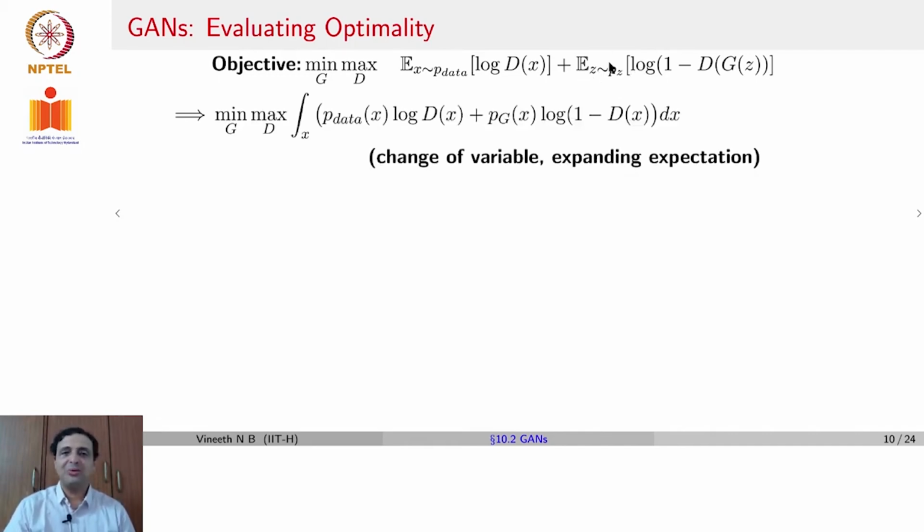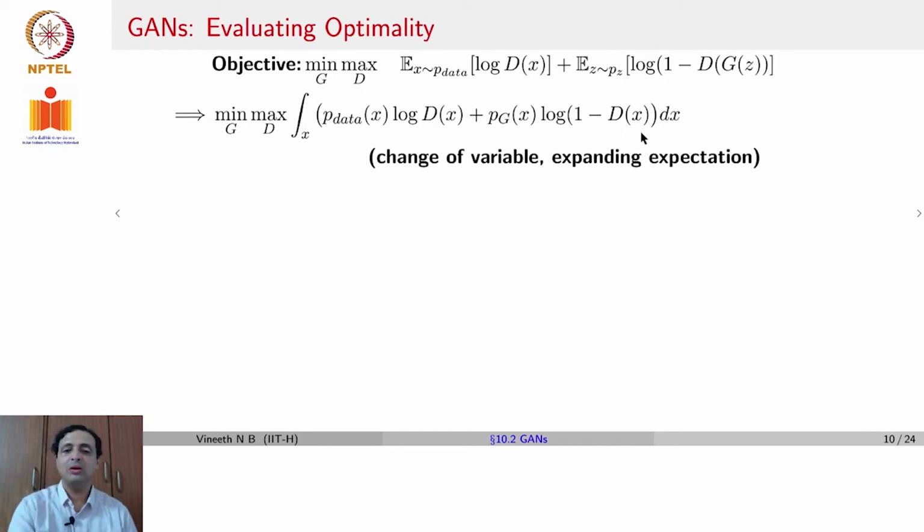Now if we expand out the expectation, you have min over G, max over D, integral over x, p data x log D of x dx, plus p g of x, that's the generated distribution, log of 1 minus D of x.